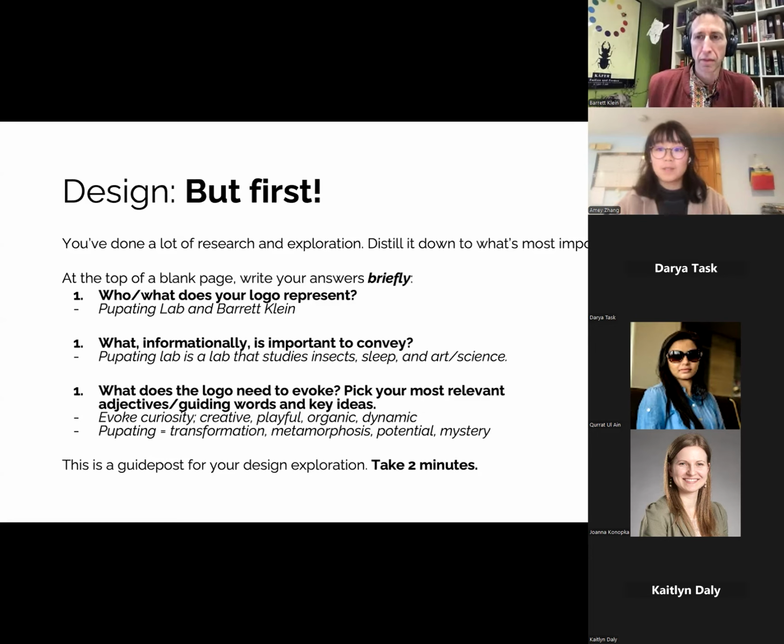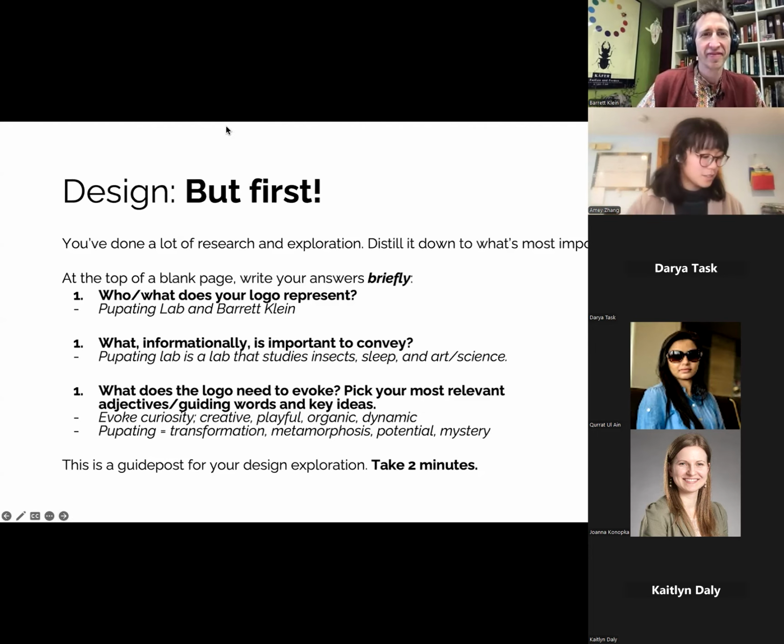There's already been an idea that Barrett has thought about, of pupating as transformation, metamorphosis, potential. For me, pupating is also mystery. Like, talk about what happens to an insect as it transforms in that stage. And I believe Barrett listed a few words himself while he was talking about his lab earlier. But yeah, so those are my answers.